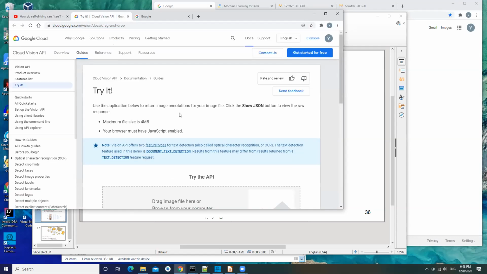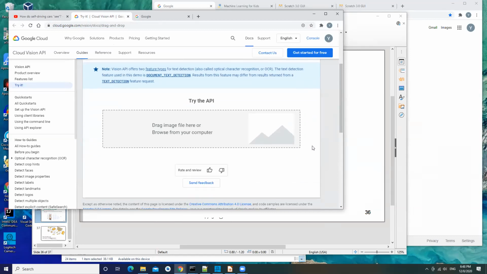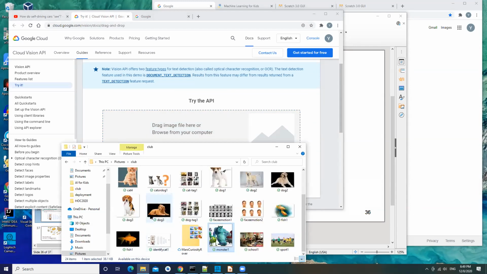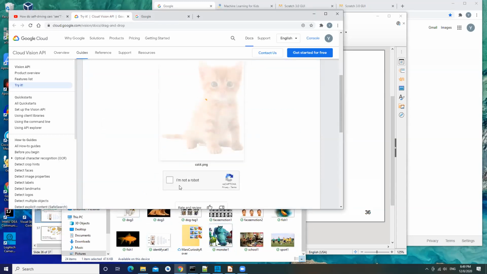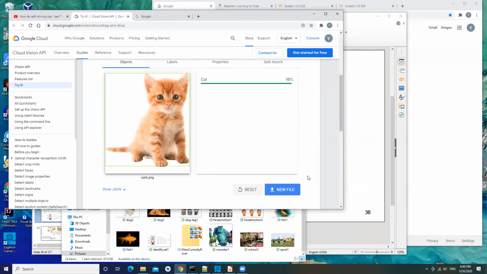Okay, so this comes from Google, and it's a very nice program where you can drag your image file here, and then it can identify and find out what kind of object it is. Say whether it's an animal, or a human, or some sort of object like a car. Okay, let me drag and drop a couple of pictures over here. I drag a simple picture here first. It's a cat. Okay, you have to tell them I'm not a robot, so they know you are not trying to attack the system.